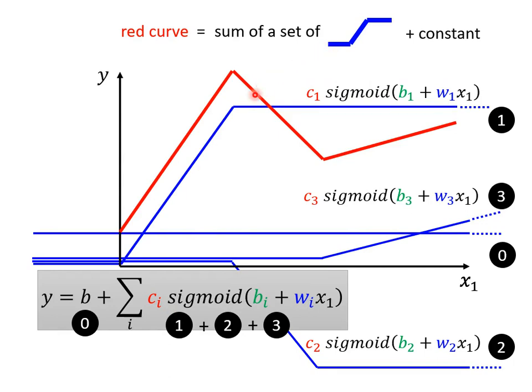And with these different red curves, we can create different piecewise linear curves, which can be used to approximate all kinds of continuous functions. So, we actually have a way to write out functions with unknown parameters that are very flexible. It can be written out as the summation of a bunch of sigmoid functions, each with different c, b, and w.